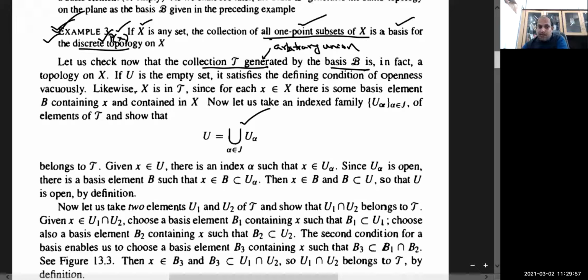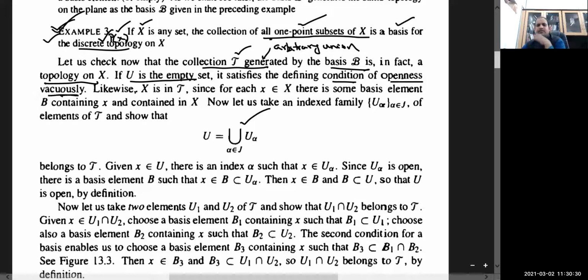By the basis B is in fact a topology on X, just like in that case X equal to {1, 2, 3}, I showed you that the collection of all singletons, by taking their arbitrary union, is going to generate this collection T, I mean the topology. Now how to say that the empty set is always there? This is written here. If U is the empty set, it satisfies the defining condition of openness vacuously.